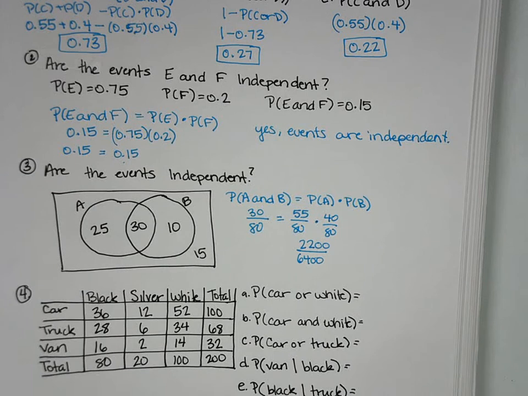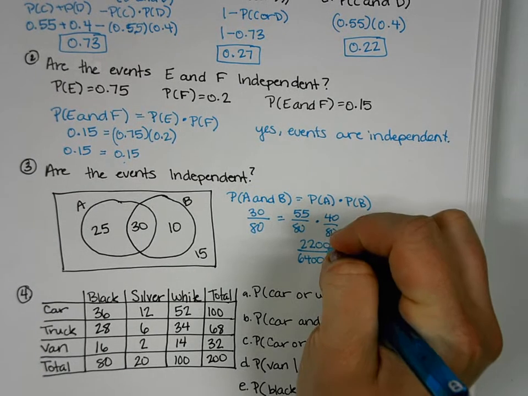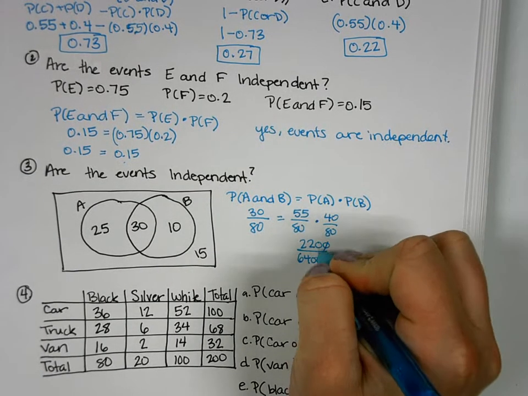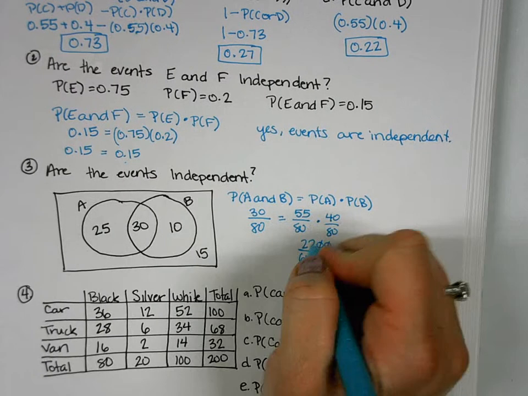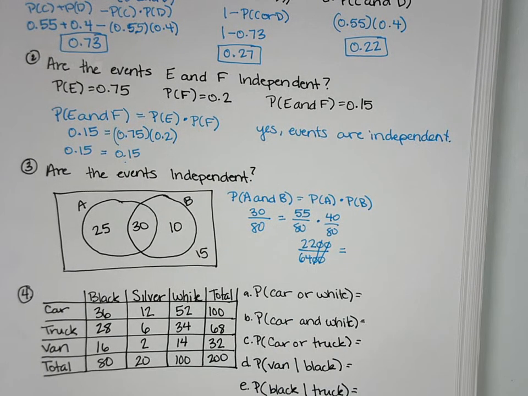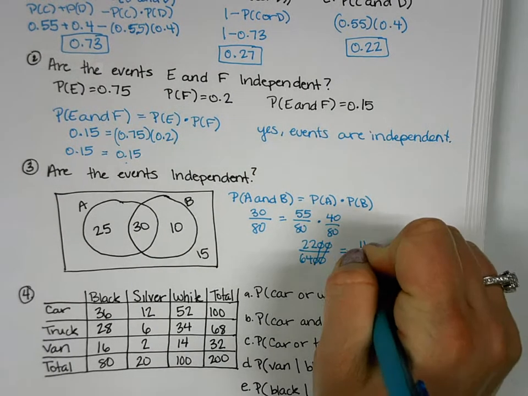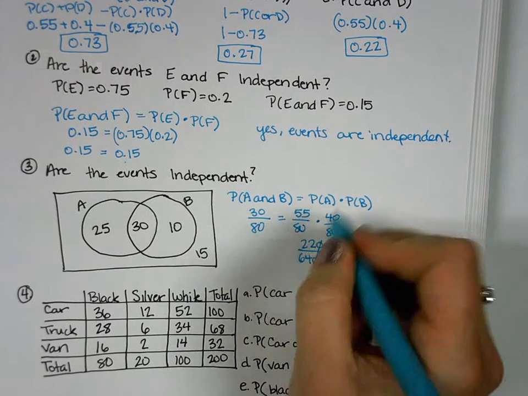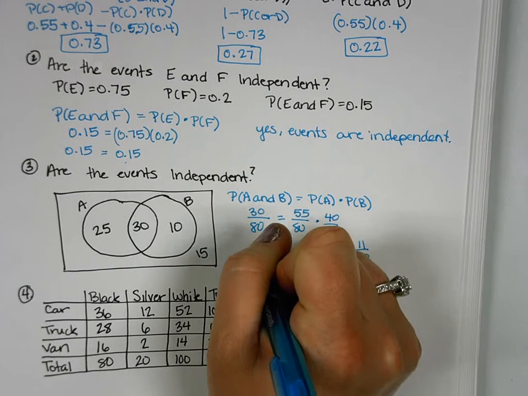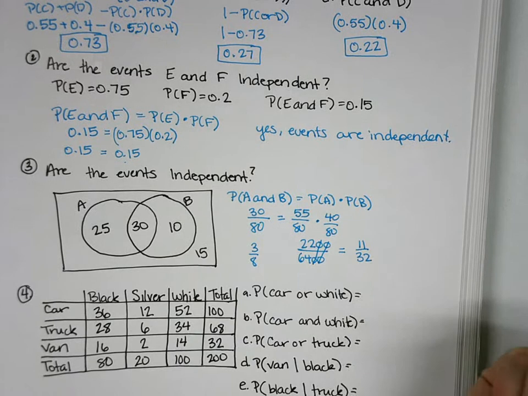Yeah. So then if I reduce my fraction here, I can cross off the zeros. What does 22 over 64 reduce to? 11 over 32. Okay, what does 30 over 80 reduce to? 3/8.